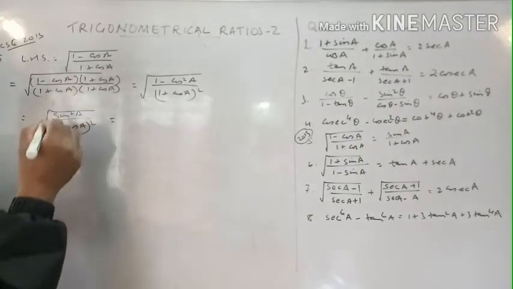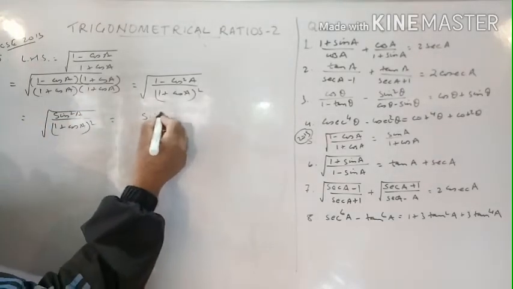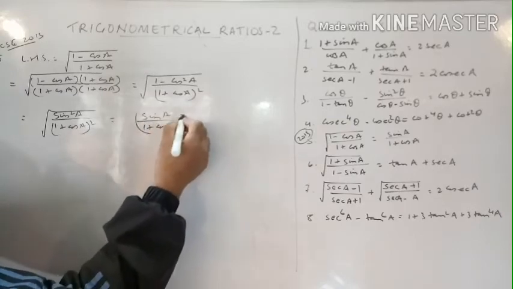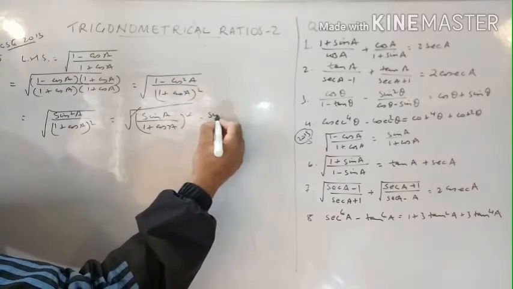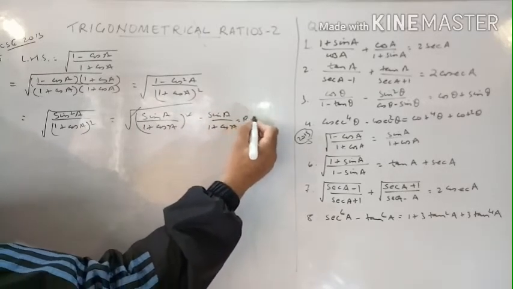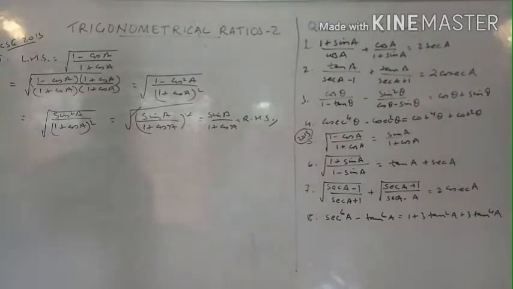So to cancel root, we write this in terms of a whole square. So we can write this as sin A upon 1 plus cos A, whole square, and under root. This square will cancel root, so what we get is sin A upon 1 plus cos A equal to RHS. So it is root. Okay, so you have to be careful here.